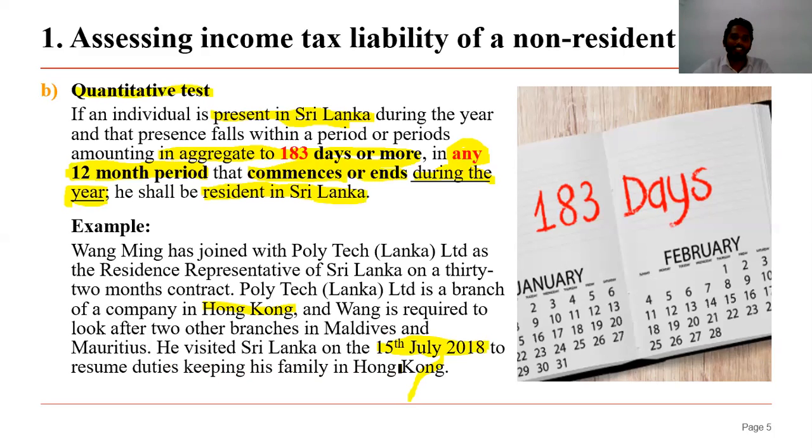Then we need to go with the quantitative test, right? He came here for a 32-month contract. He is allowed to go and visit family and come back during the 32-month contract period. So the family is there, and he is doing the work in Sri Lanka while looking after the branches as well.